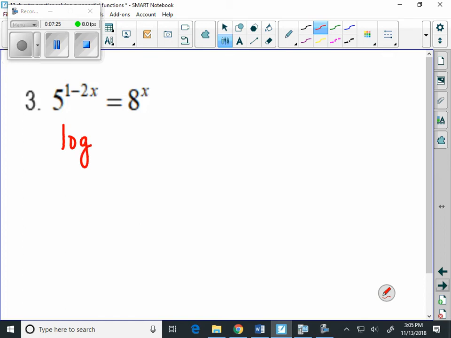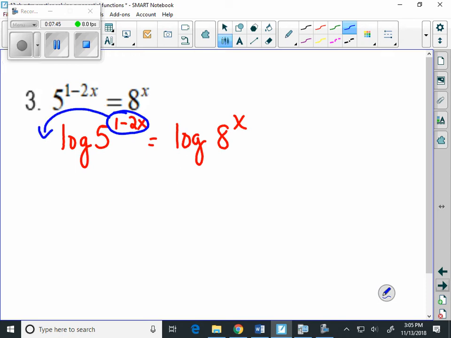I'm going to put log in. It's going to be log of 5 to the 1 minus 2x. And it's log of 8 to the x. And like I said before, if you've been doing the practice, you know what the next step is. Because it seems that every problem has this, where we have to take that exponent and make it a coefficient.